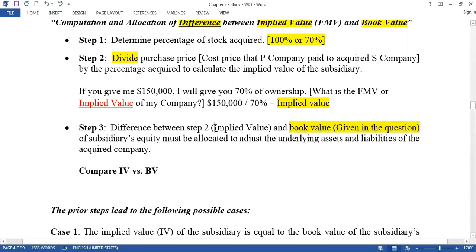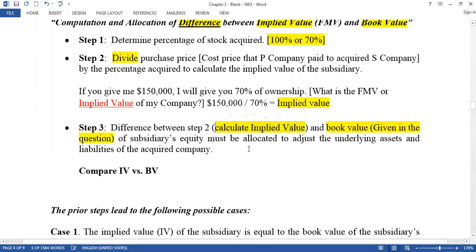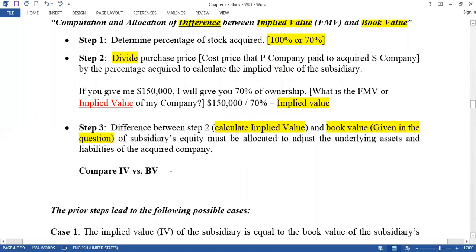We calculate the implied value, and to calculate it, we need this information. Then we are going to compare the implied value and the book value to determine the difference.